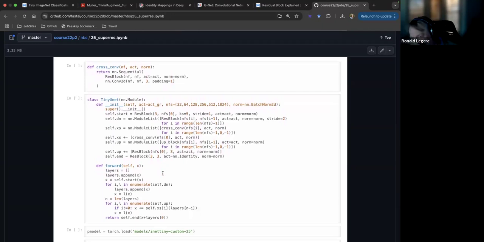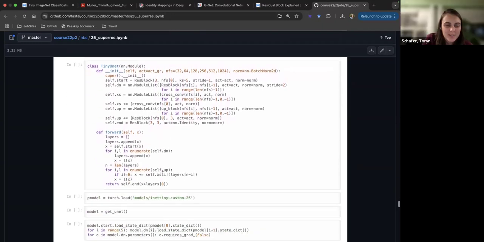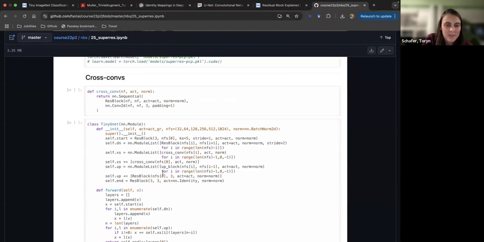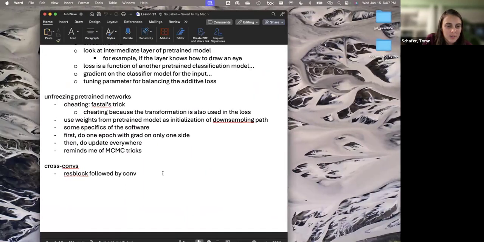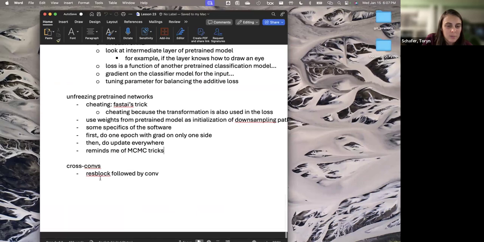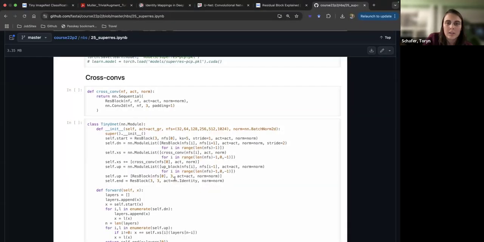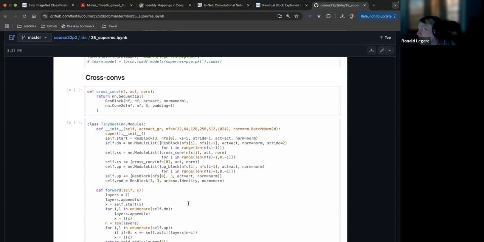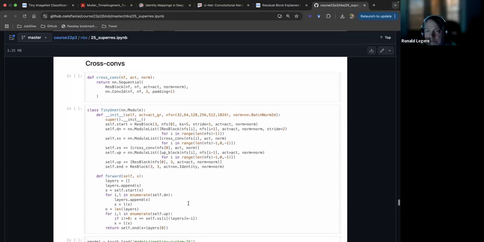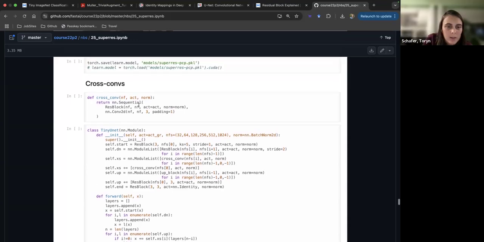Okay, but there's just this one last thing, and this is called cross convolution. So let me just look here. It's a residual block followed by a convolution. So cross conv.